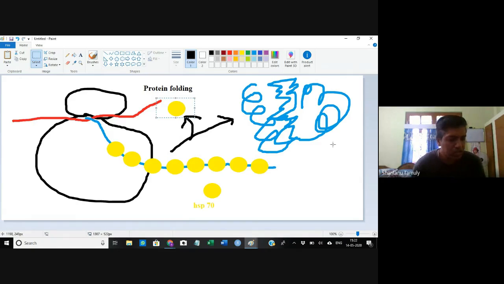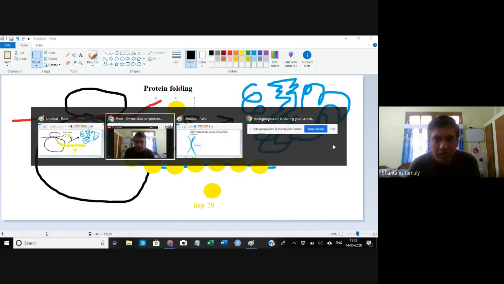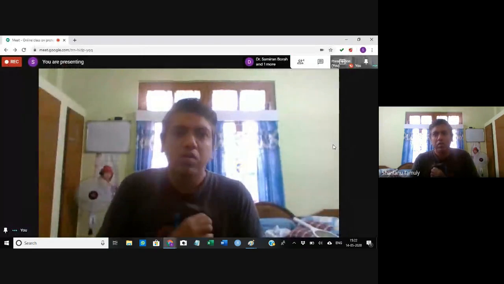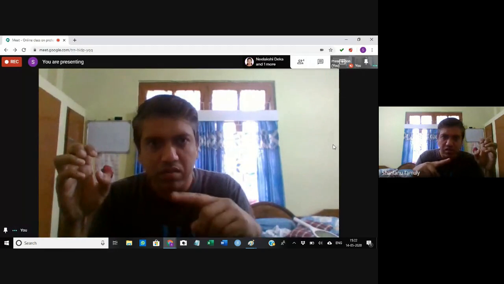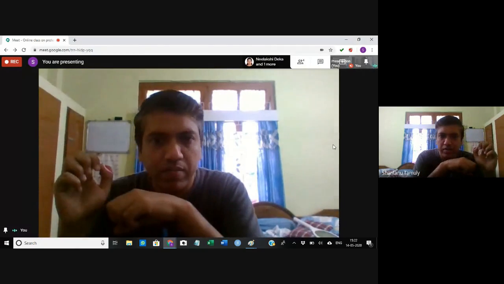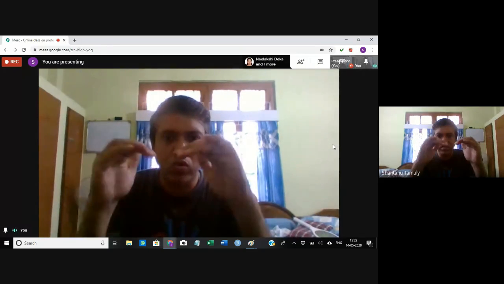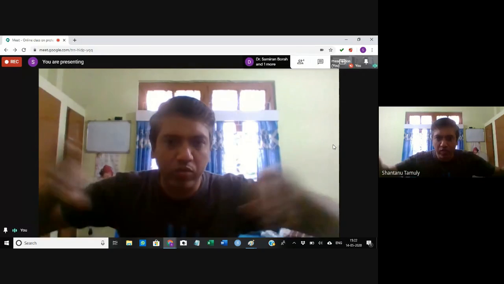So HSP 70 will prevent the aggregation of the protein. This is about when the protein is still in synthesis, it is bound by HSP 70, and when the protein folds, the HSP 70s are removed.